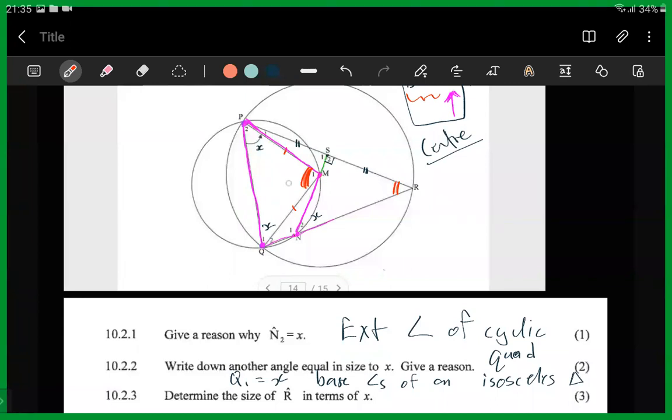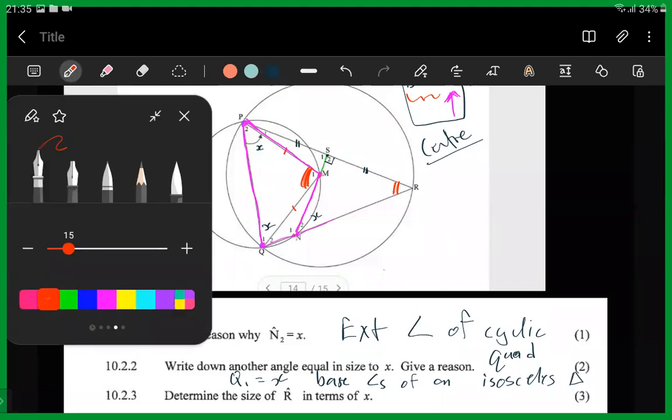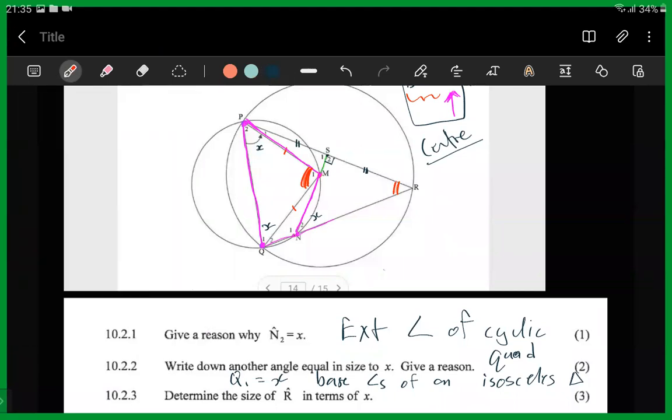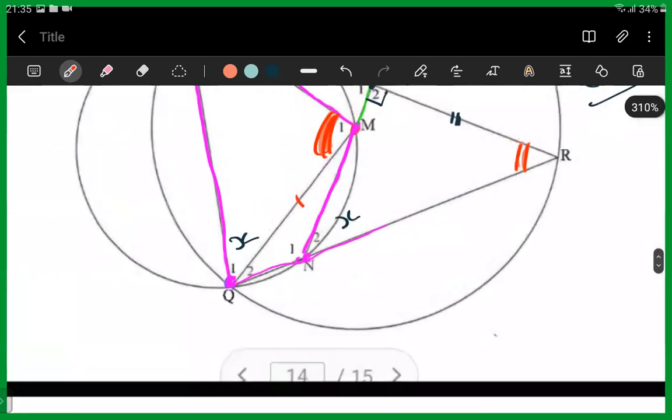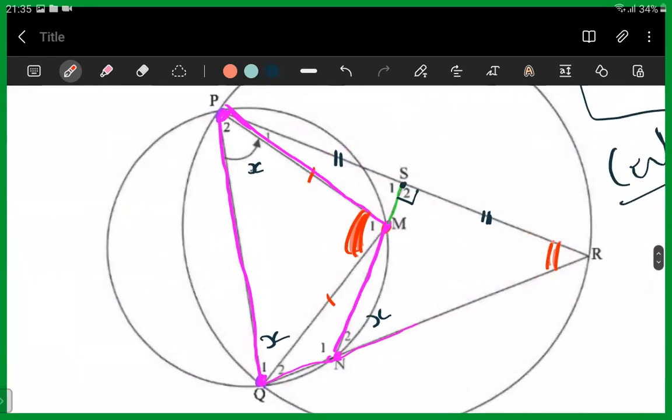Firstly, what is the angle M1? What would you do to get M1, in terms of X? If X and X were numbers, what would you have done to get M1? Minus the 2x's from 180. Yes. So M1 in terms of X is just 180 minus 2x.